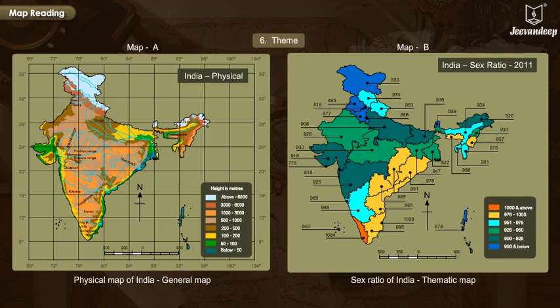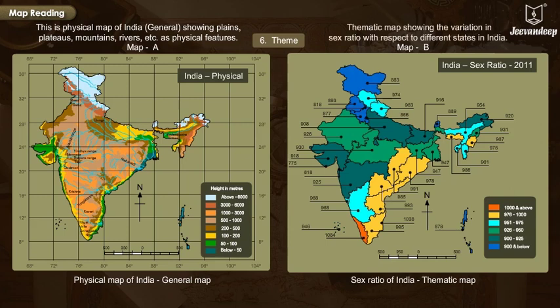Theme. Map A. This is a Physical Map of India, General, showing plains, plateaus, mountains, rivers, etc. as physical features. Map B is a thematic map showing the variation in sex ratio with respect to different states in India.